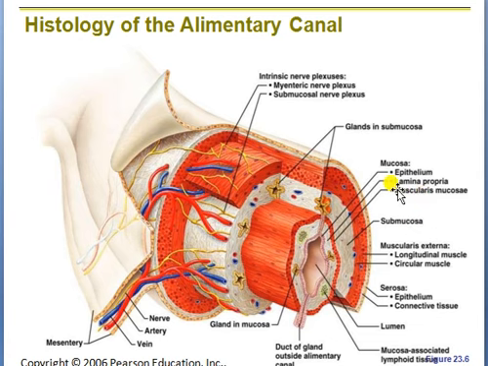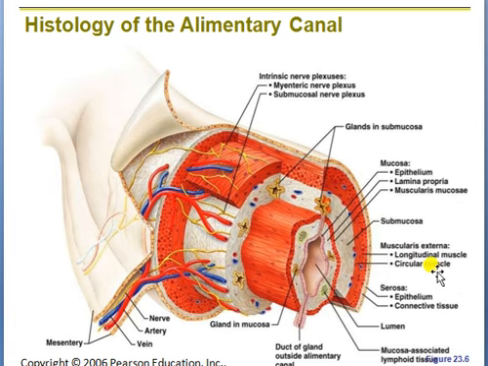Next, the second layer is the submucosa. This submucosa layer has a larger number of blood vessels and nerves. After the submucosa, we have the muscular layer, in which we have longitudinal muscles and circular muscles.